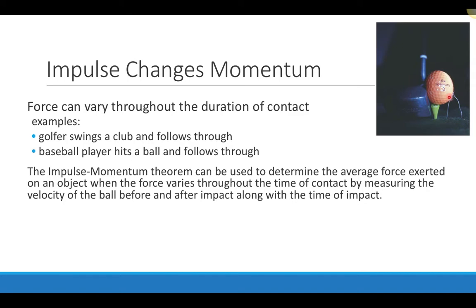Because when this club hits that golf ball, the golf ball is actually deformed a little bit. And so that force that's applied is not a constant force. It's actually a force that varies with respect to time. So this impulse-momentum relationship allows us to figure out what the average force is during an interaction by measuring the change in momentum and then the time interval of that interaction.